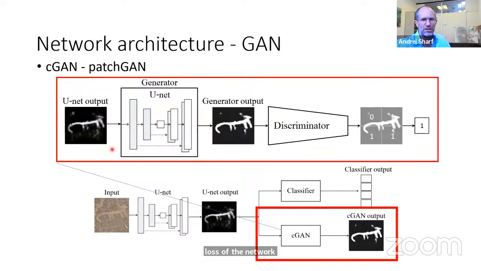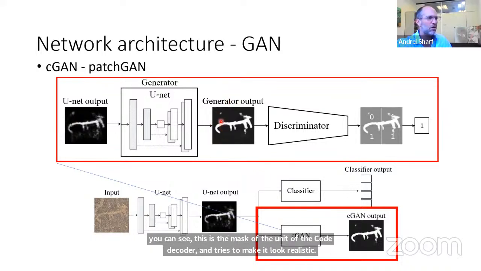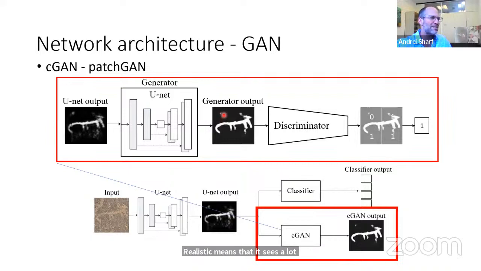The second branch here is a GAN. And the GAN is simply trying to look at the predicted mask. As you can see, this is the mask of the U-Net, the encoder-decoder, and it tries to make it look realistic. Realistic means that the discriminator sees a lot of true masks, ground truth masks, and predicted masks, and should say whether it's a true mask or a synthetic one.